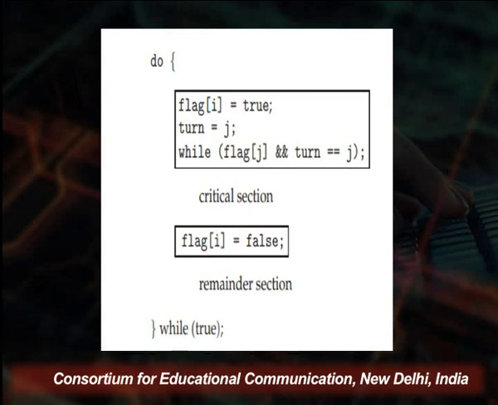So what is actually happening in this do-while loop? Basically there are two variables used by the processes, and these variables are shared. They are there to ensure that only one process is allowed to enter into the critical section. Now what are these shared variables?